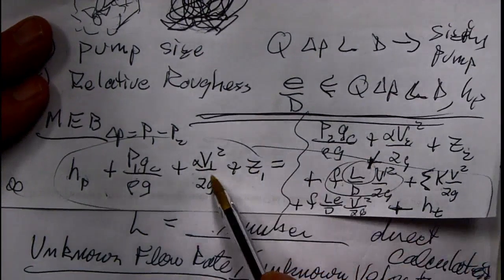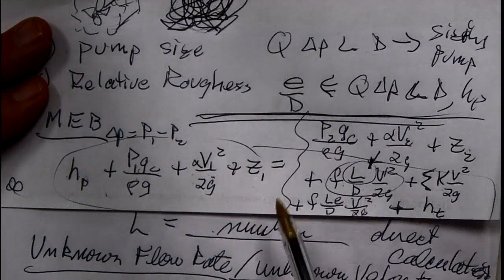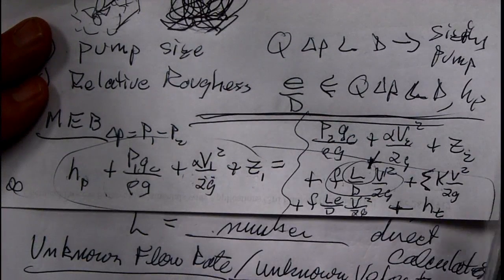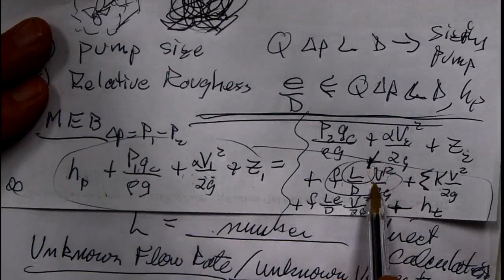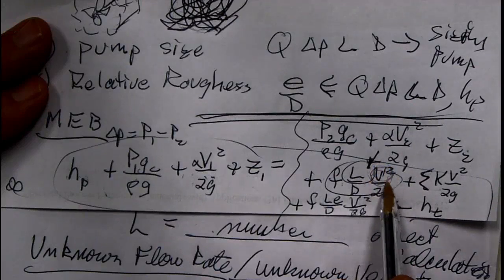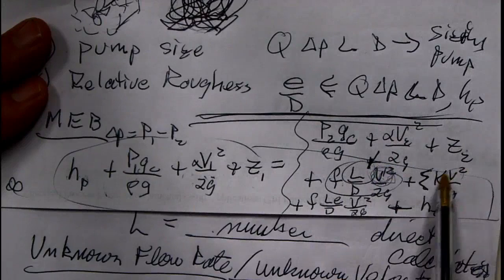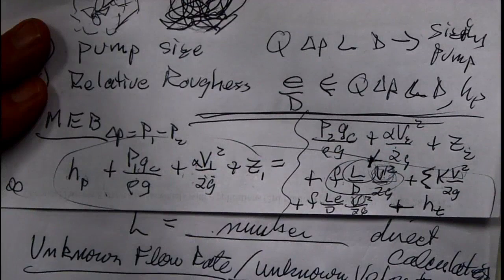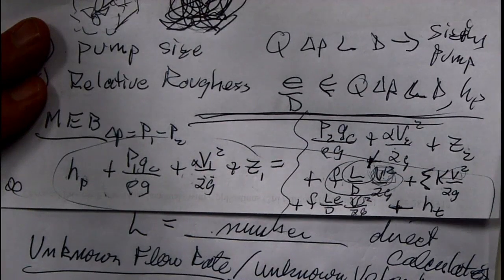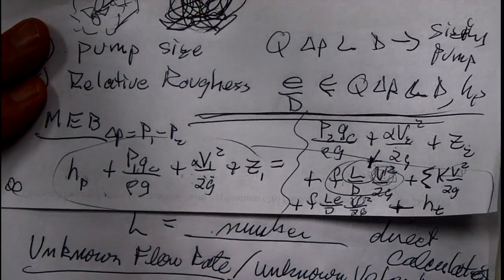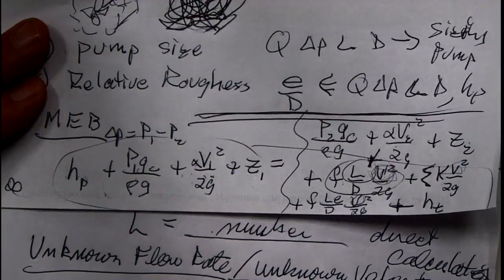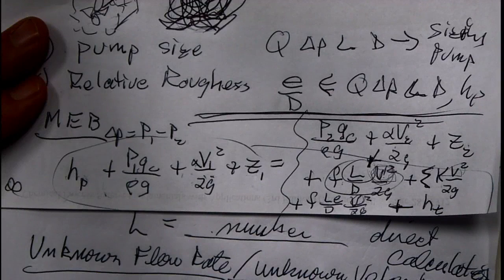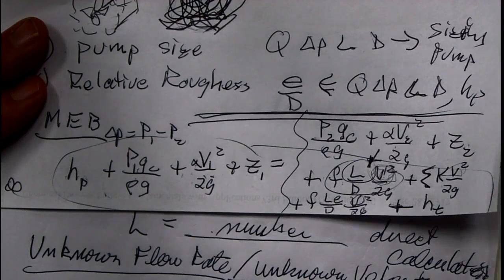What often happens is V1 and V2 cancel out, but you can throw them in to keep them. But unknown velocity sits in the frictional term here, sits there, sits there, and velocities are sitting up there. So oftentimes, if I collect them all up, I'll have V squared equals some number, right? However, this is not a direct calculation.